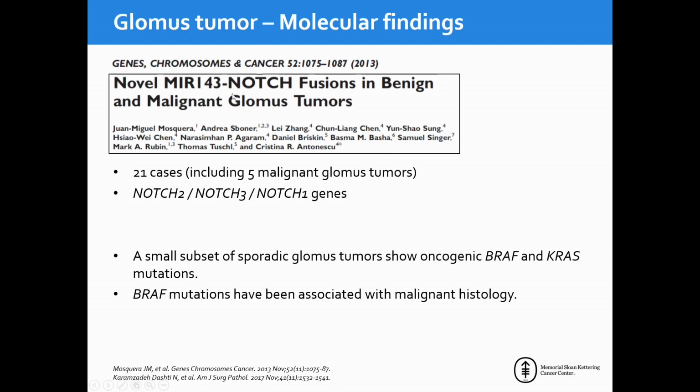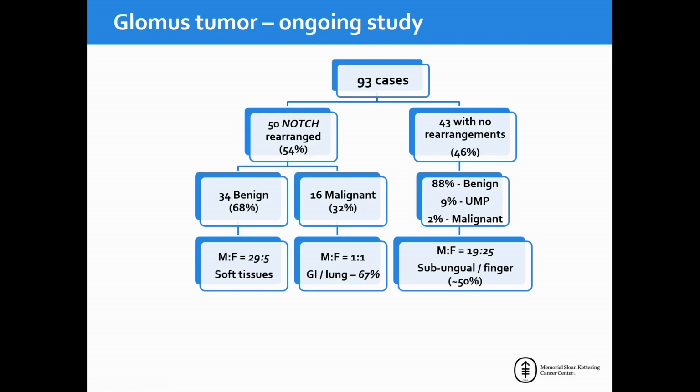In a subsequent ongoing study, we wanted to find out the true frequency of NOTCH gene rearrangement. We looked at 93 glomus tumors, both benign and malignant, which we had FISH done for NOTCH genes, and some cases even had RNA-seq analysis. We submitted the results to the USCAP last month.